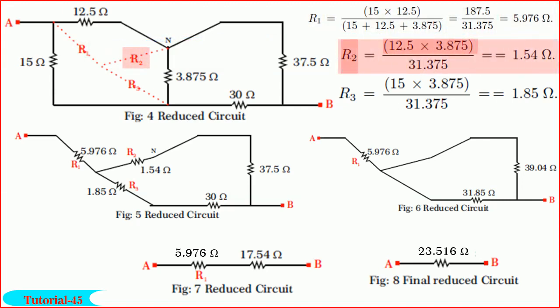Similarly, R2 is equal to 12.5 into 3.875 ohm divided by 31.375, which will give us R2 equal to 1.54 ohm.